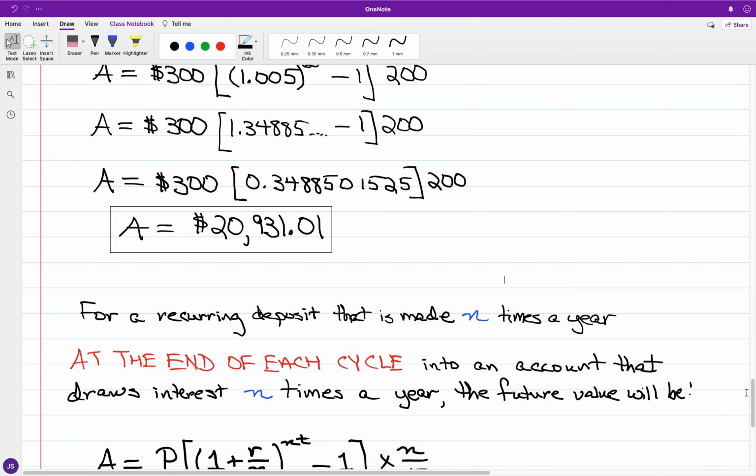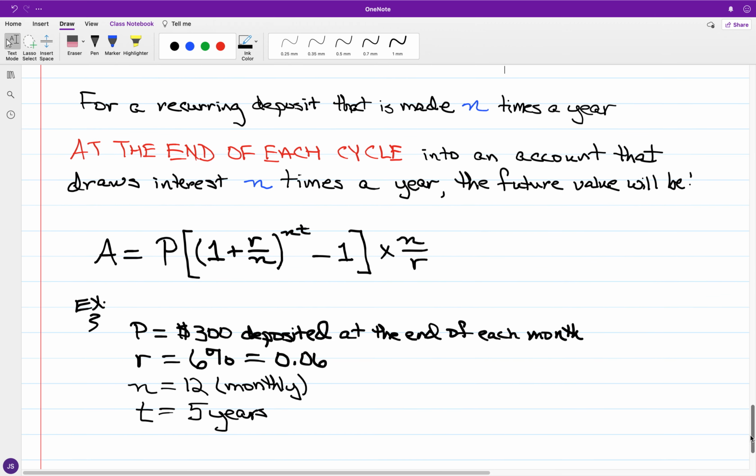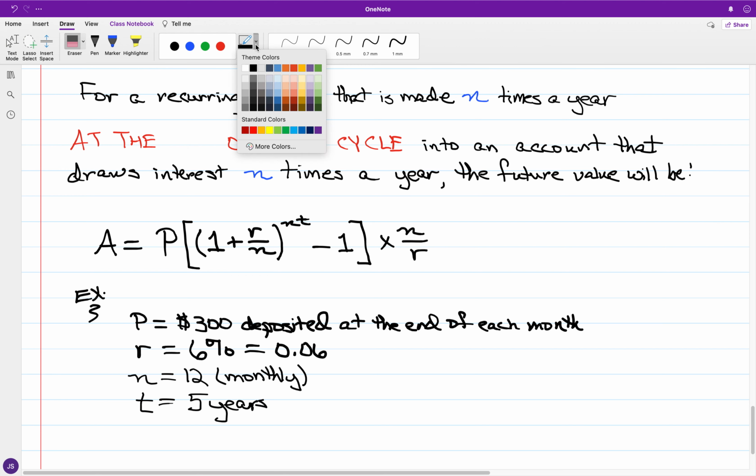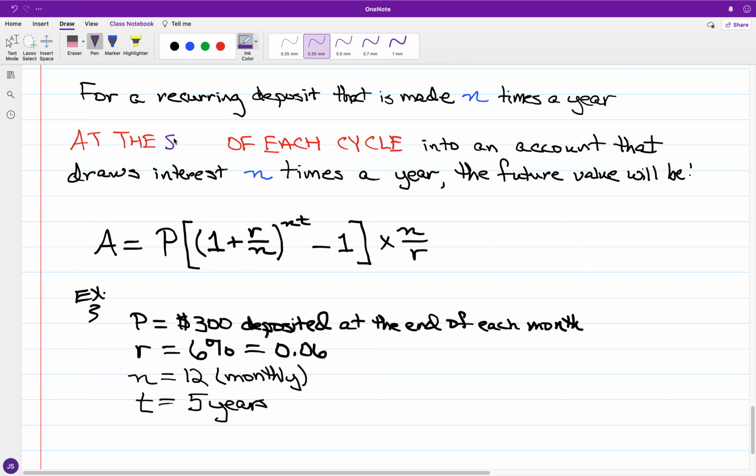So you have almost the same wording, but instead of at the end of each cycle, I put emphasis here. Say instead of at the end, I have at the start of each cycle. So what's going to happen here is that you're going to have the same formula.